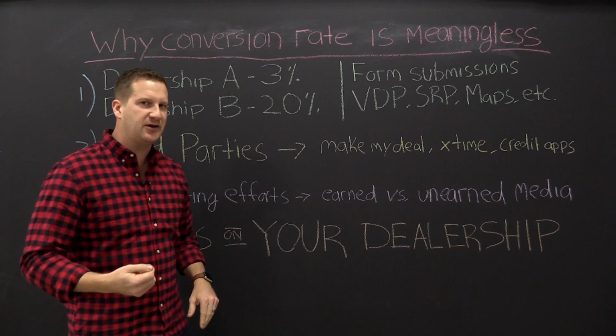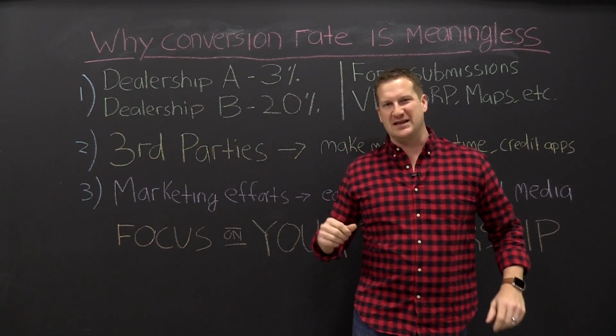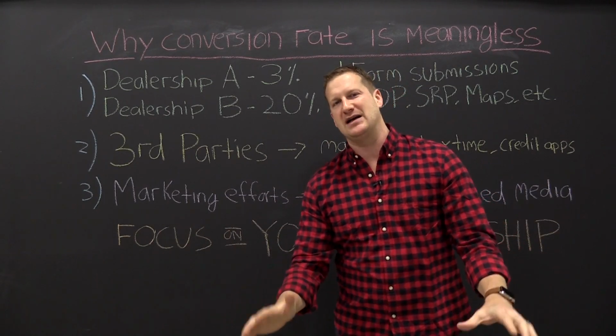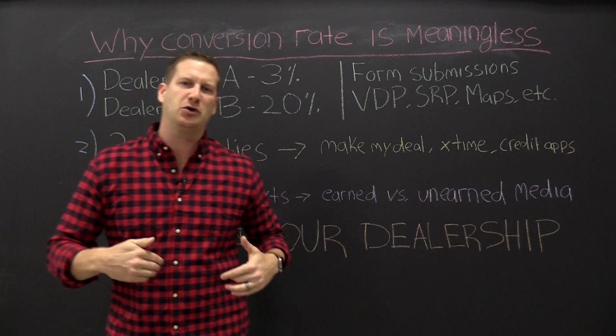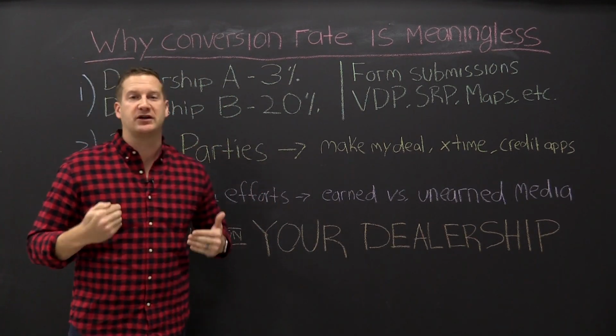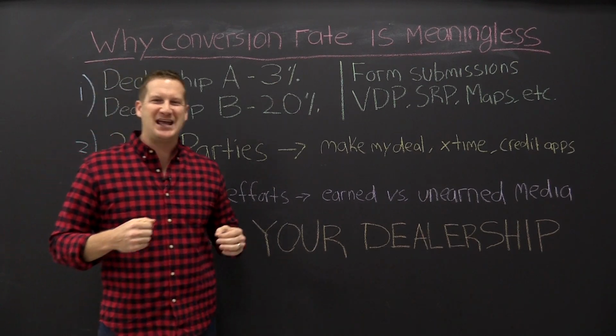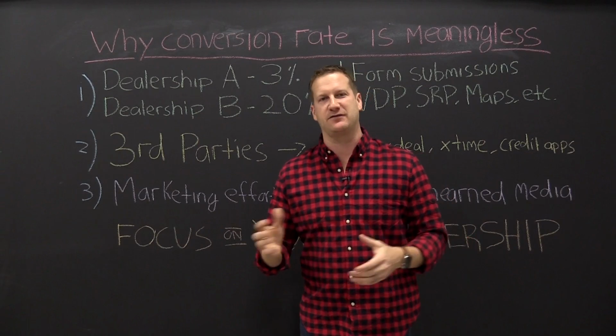Earned media is a little trickier because it doesn't cost you anything per visitor. So the goal with earned media is get as many visitors to your website as possible. But looking at conversion rate can actually hurt you because you're going to want more traffic. What I want to look at is total conversions. So I'm not saying sacrifice traffic or increase traffic to sacrifice conversions.